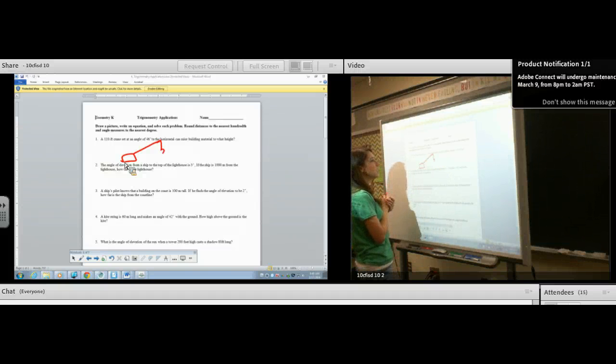So it's a 110-foot crane. The rod is 110 feet. And it's set at an angle of 46 degrees to the horizontal. It can raise a building material. How high can it lift that building material up?